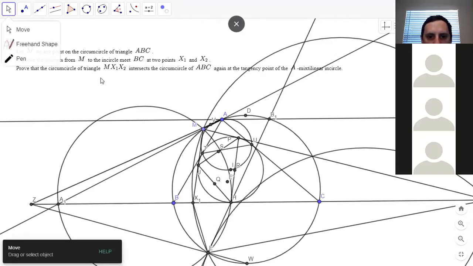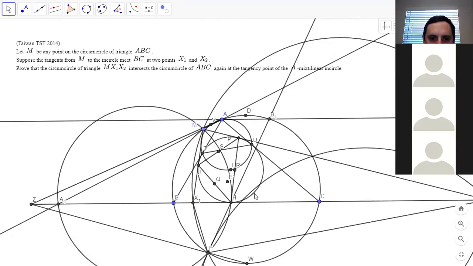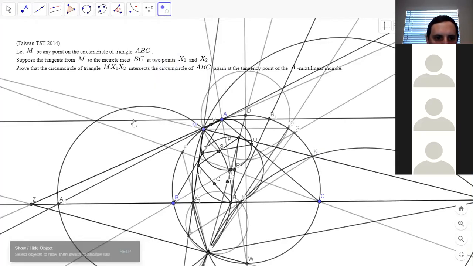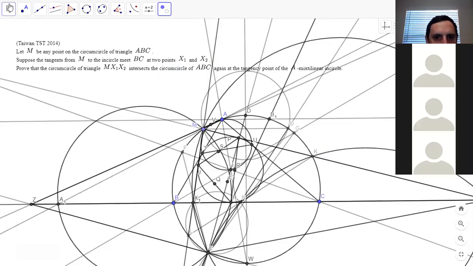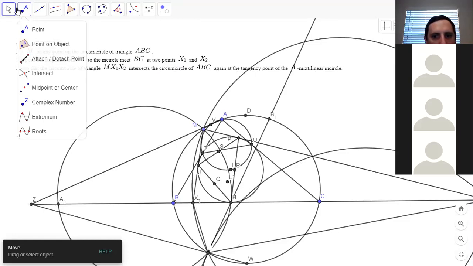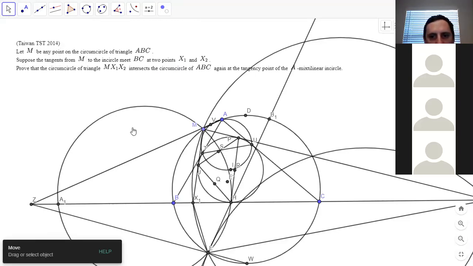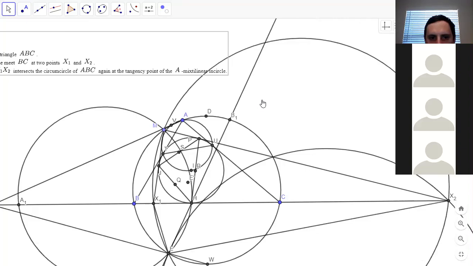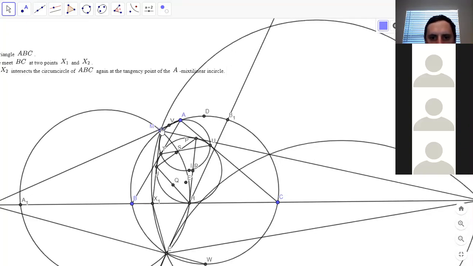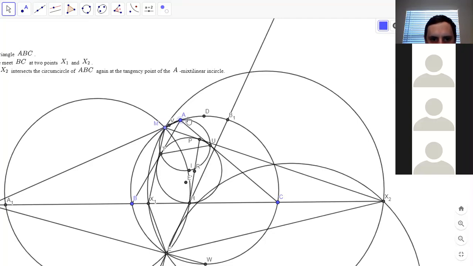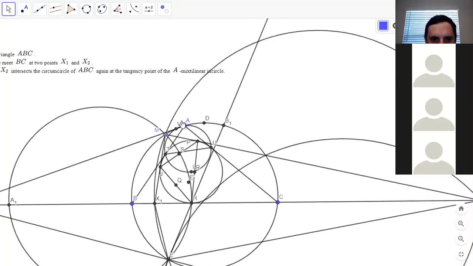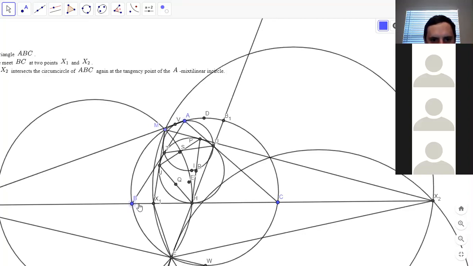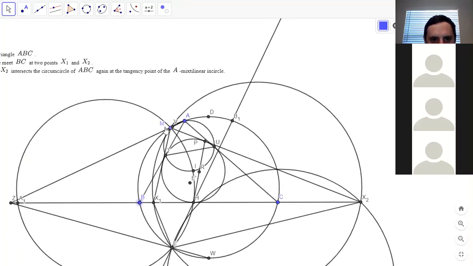Okay, let me hide this. All right, I'm just trying to find the best way. It's hard to make the whole thing fit on the picture, but I will try my best here.